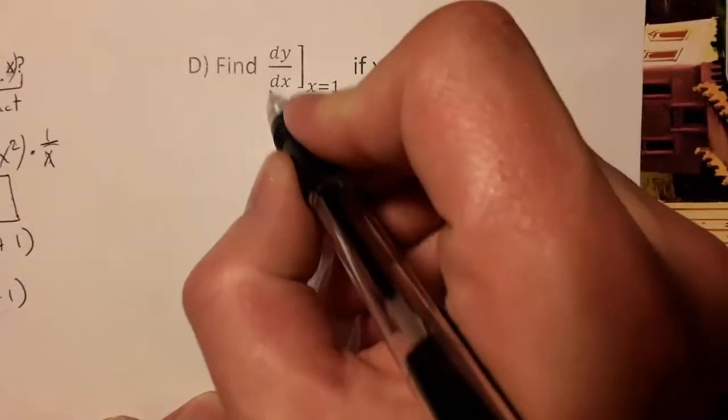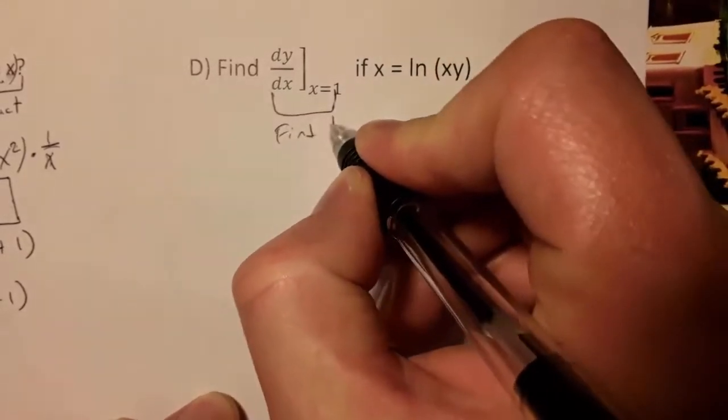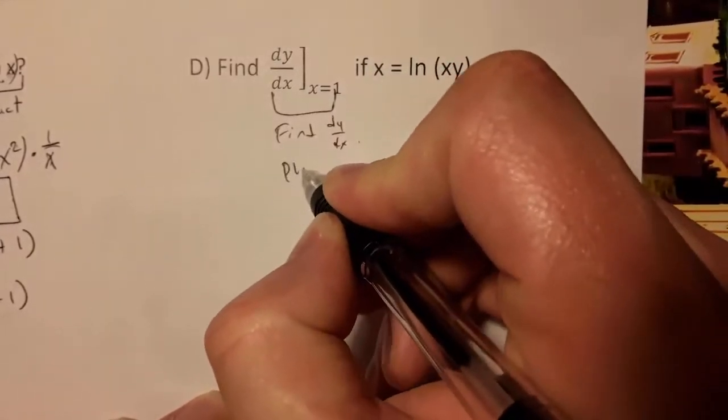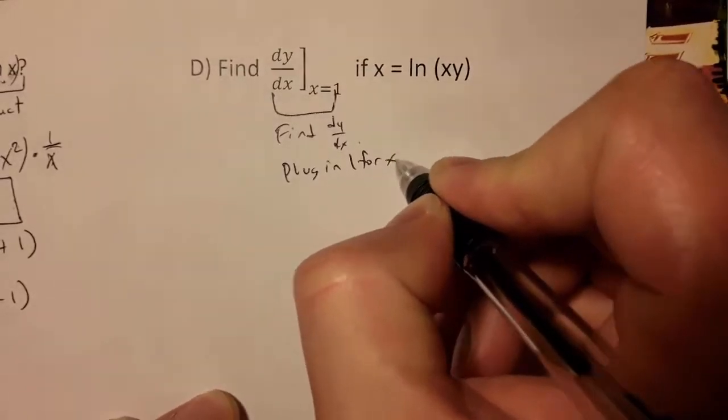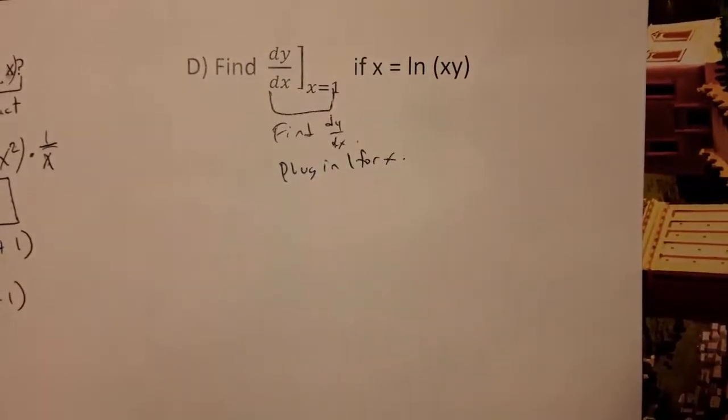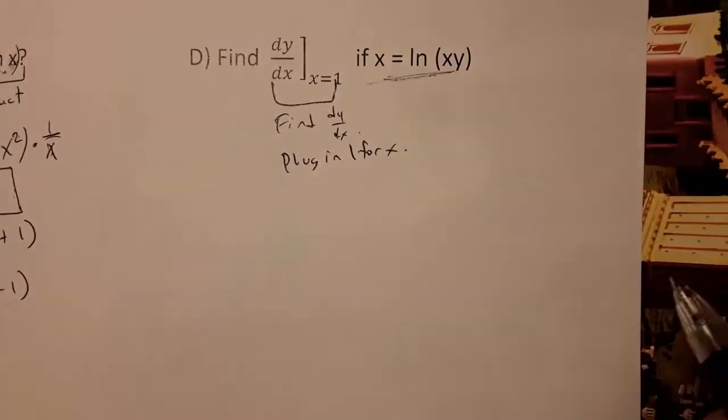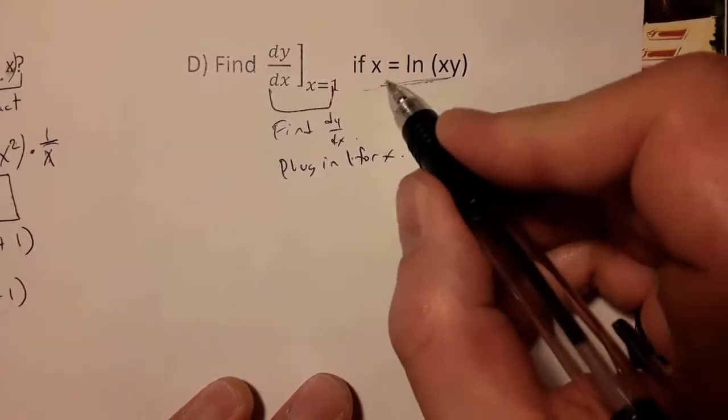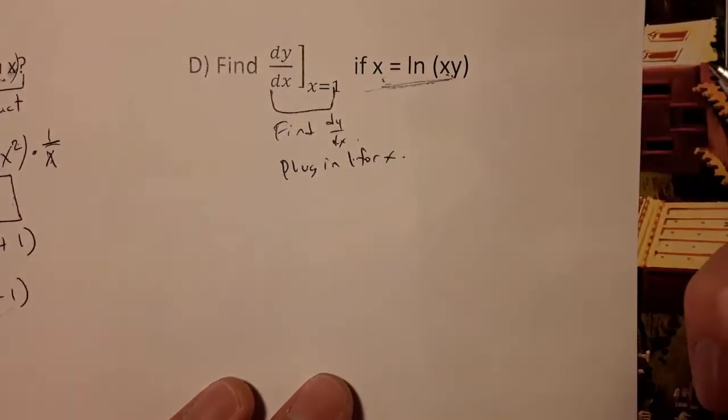All right, this notation means find the derivative, plug in 1 for x. Now I'm guessing we're also going to have to plug in something for y, but they don't tell us what that is. Fortunately, we still have the parent equation here. We can plug in 1 for x here and see what we get for y.